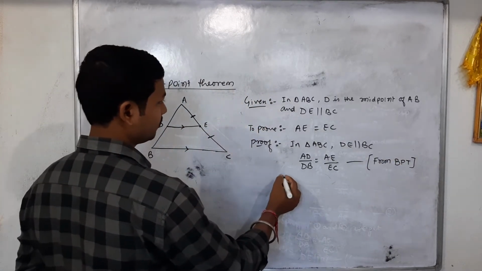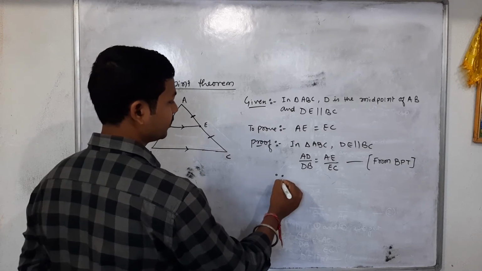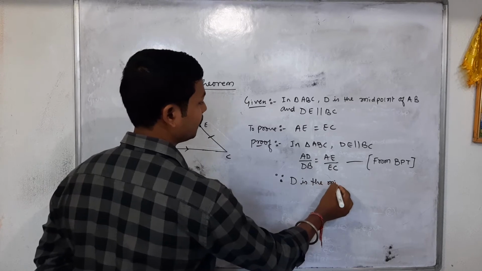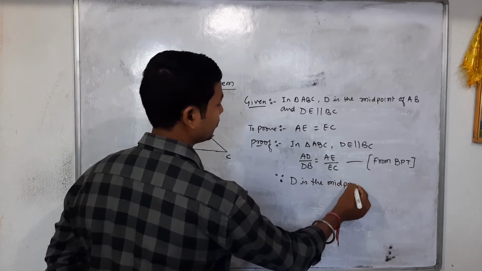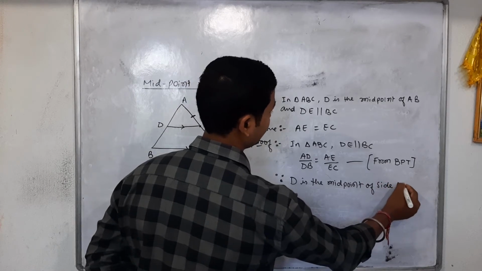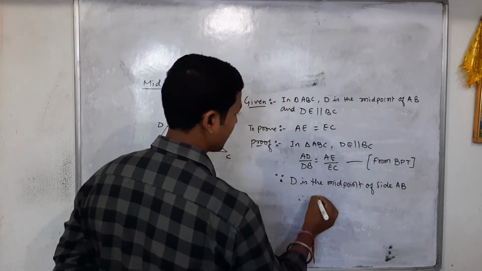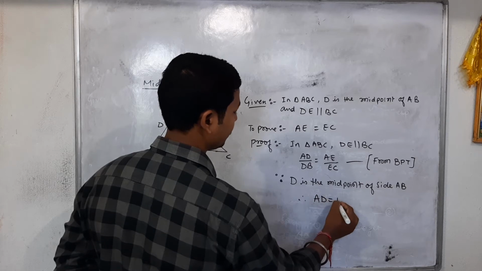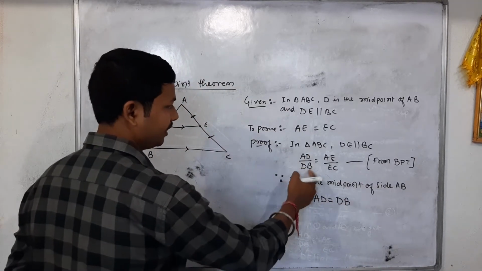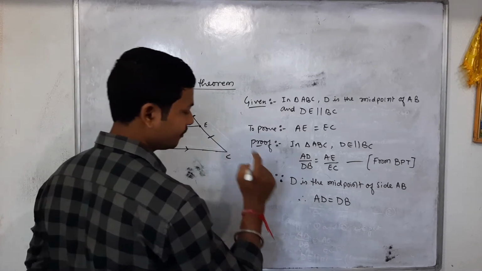Now, since D is the midpoint of side AB, therefore AD will be equal to DB. So the ratio of AD divided by DB will be 1.